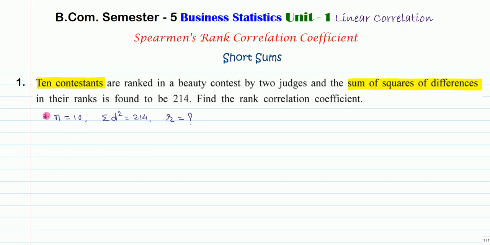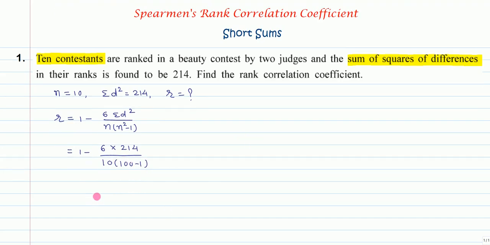Okay, now see, we just have to put values in our formula. R equal to 1 minus 6 sigma d square divided by n of n square minus 1. It is equal to 1 minus 6 into sigma d square 214 upon n is equal to 10 into 100 minus 1. 10 square is 100, 100 minus 1.